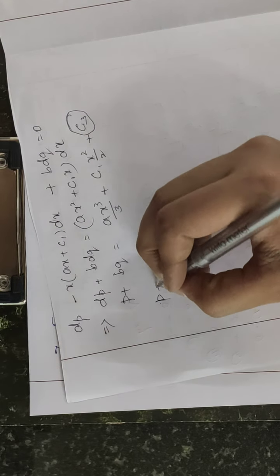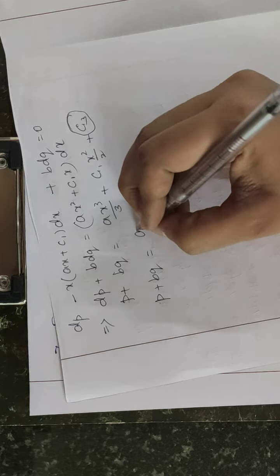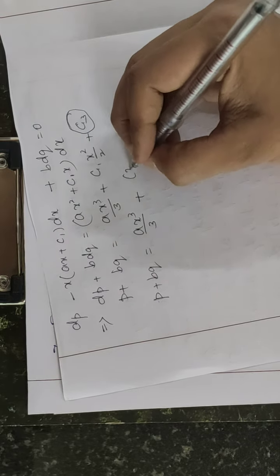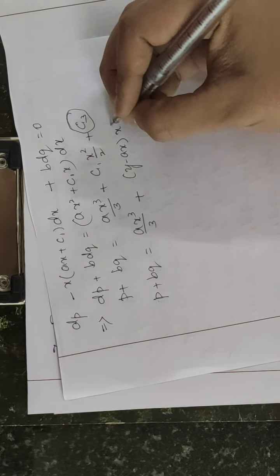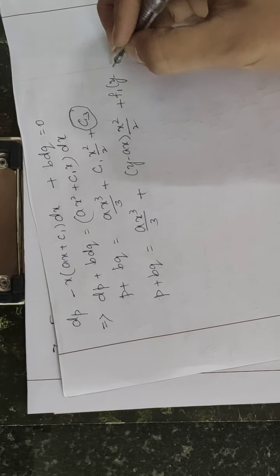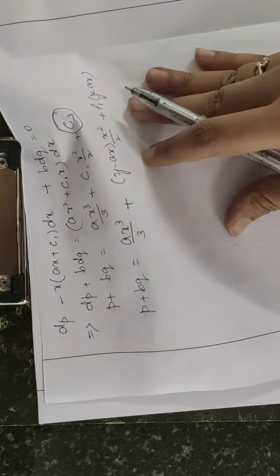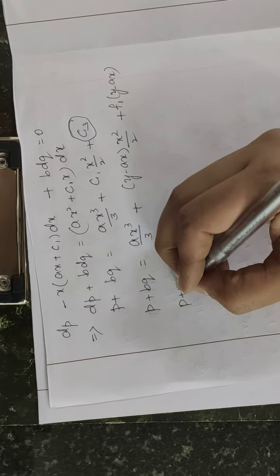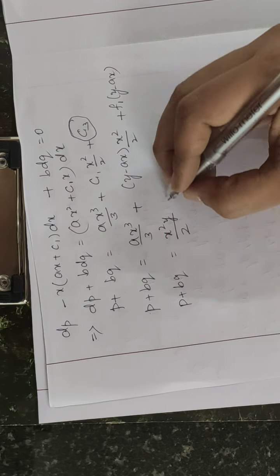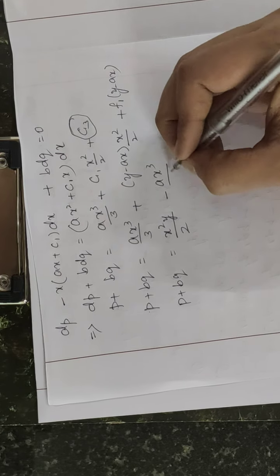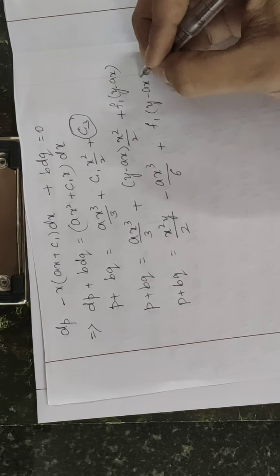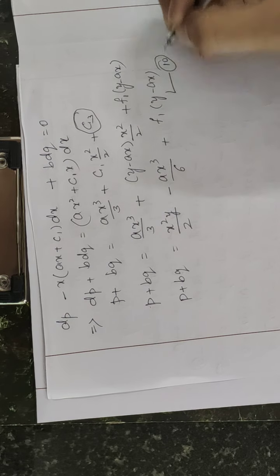So you will get p plus bq is equal to a into x cube by 3 plus, what is my c1? c1 is (y minus ax) into x square by 2, plus c3, which is nothing but f1 of (y minus ax). So on simplification, this will become x square y by 2 minus a x cube by 6 plus f1 of (y minus ax). Call this your equation number 10.